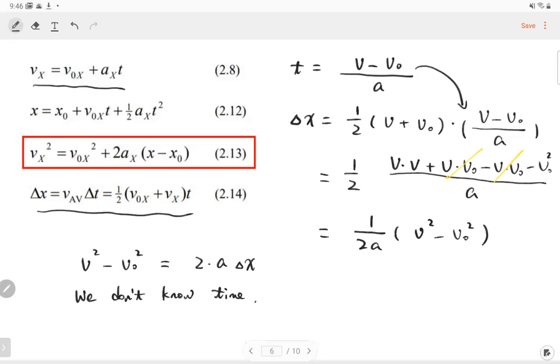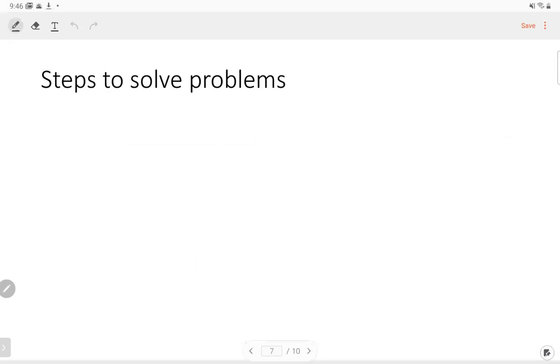Let me give you a short summary. How do we solve the problem if we have linear motion with a constant acceleration? The first one, we are going to read the description and figure out how many parameters we know. There are 5 parameters describing motion.